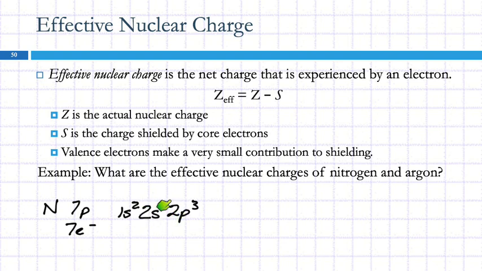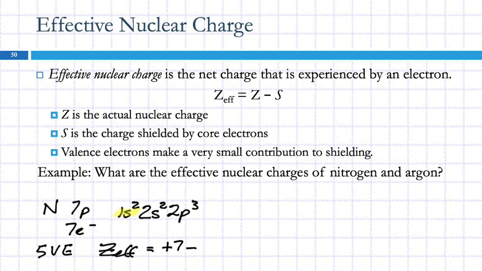So in the second level here, those are the valence electrons. We can also identify the number of valence electrons because it's in group 5A, so it has 5 valence electrons. So these are the valence electrons, and those are the core electrons. So the effective nuclear charge is equal to the charge on the nucleus, which is +7, minus the number of core electrons.